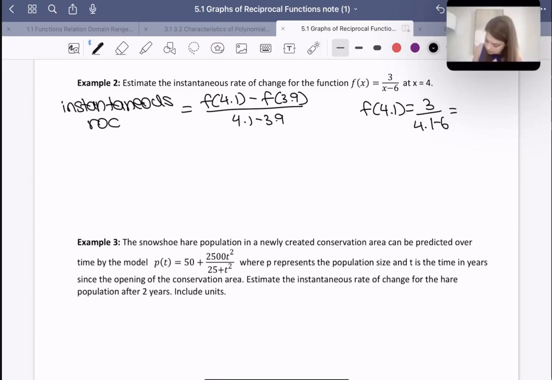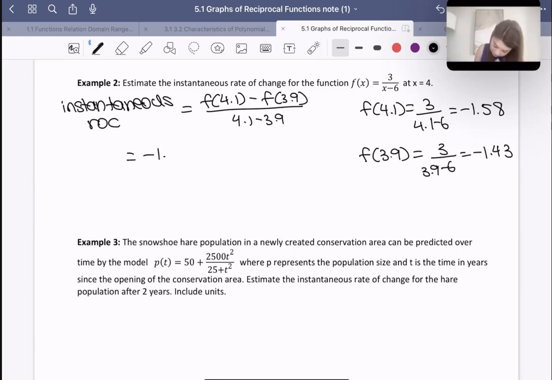So that's going to be -1.58. Okay, and what about 3.9? Well, that's going to be 3 over 3.9 minus 6. That's going to be about -1.43. Okay, so now let's plug those values in and see what we get.